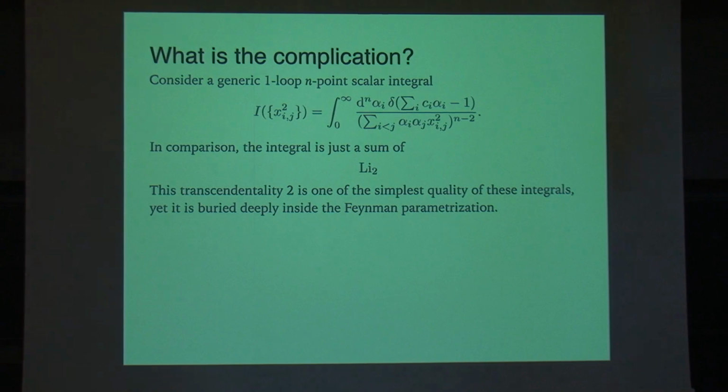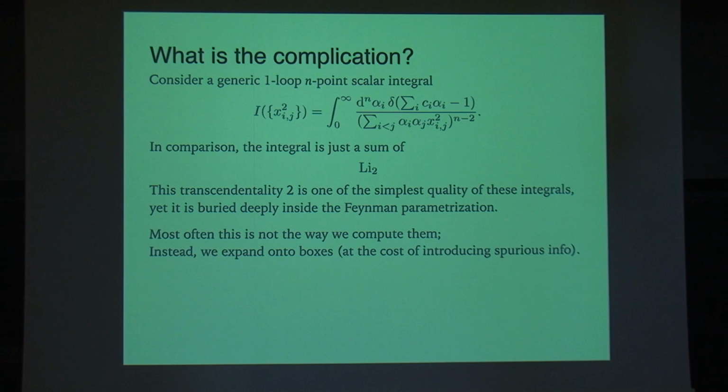If we want to get a better understanding of the singularity structure of the integral, it might be helpful to really get down to this level and then try to use methods like the Landau equations to extract more information about the structure. And also a related comment here is that in most cases, this is not the way we actually compute this integral. Instead, we decompose it into boxes at first.